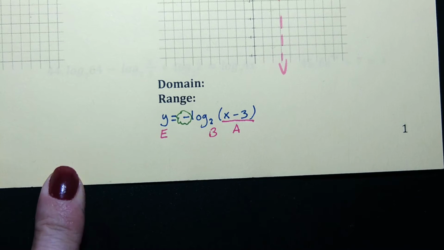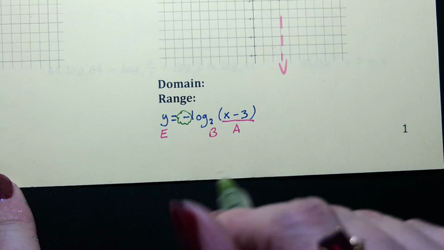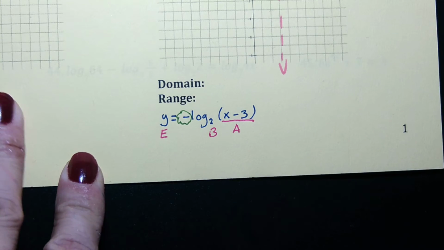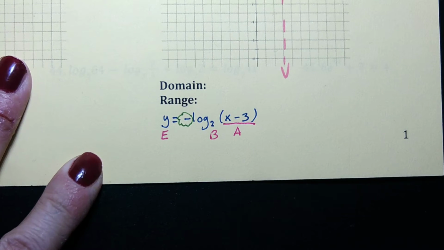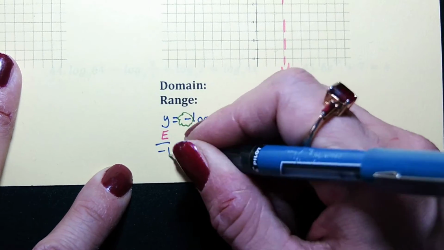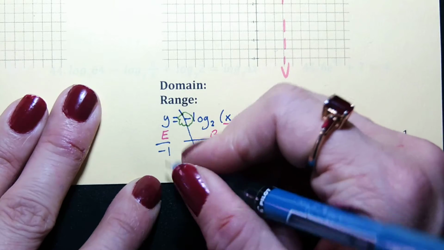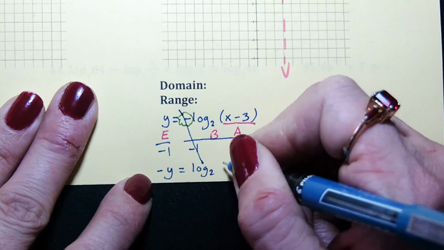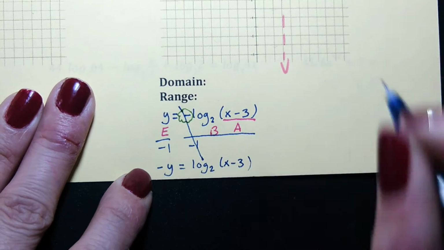In order for me to put this in exponential form, it has to correspond to every part. Something has to be the base, the answer, and the exponent. So what I'm going to do with that negative is I am going to divide it to the other side. We're going to divide both sides by -1, and that will give me negative y equals log base 2 of x minus 3.